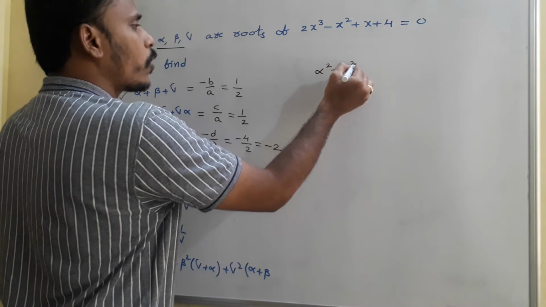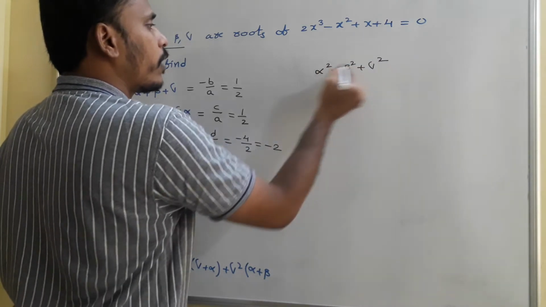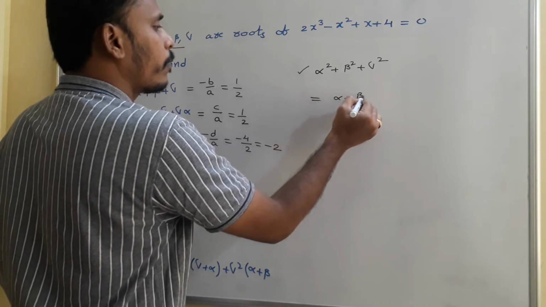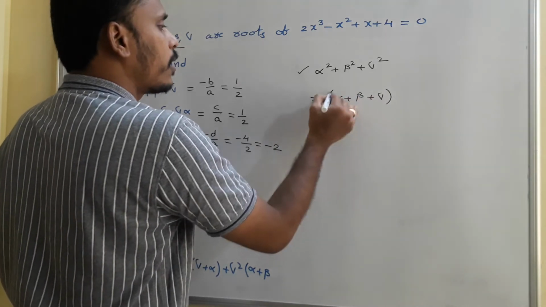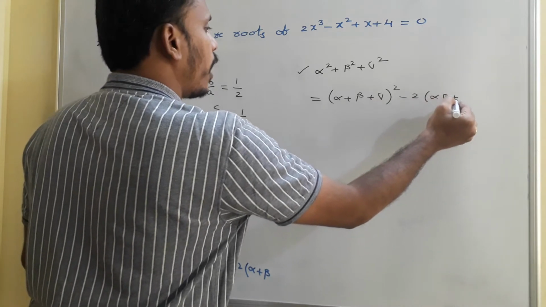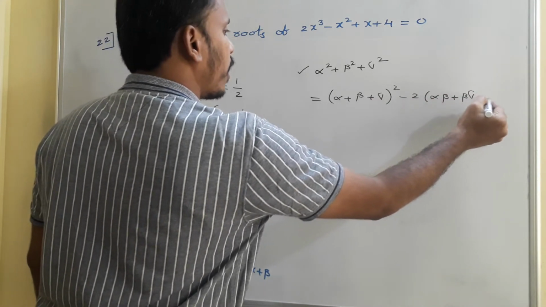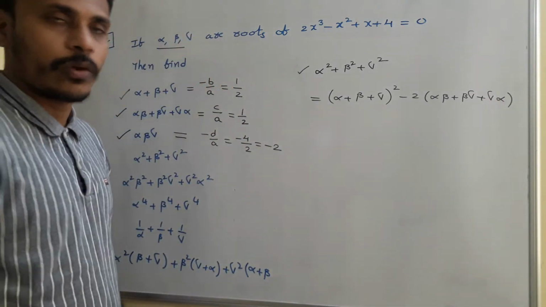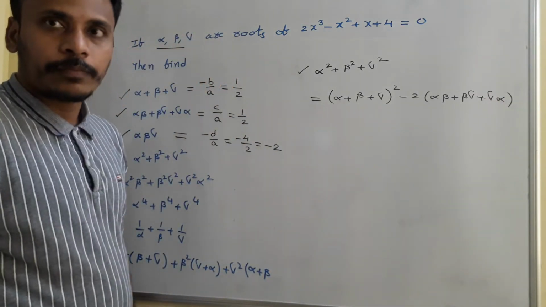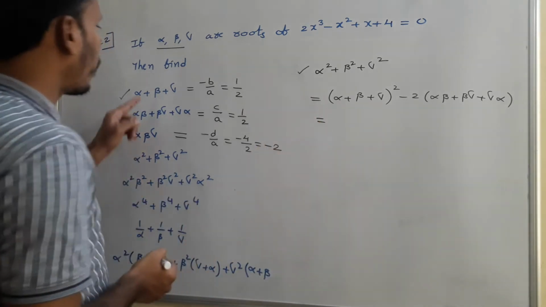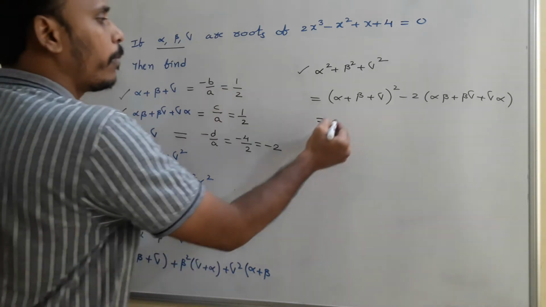You just need to utilize your algebraic skill. Alpha square plus beta square plus gamma square is simply alpha plus beta plus gamma whole square minus 2 times alpha beta plus beta gamma plus gamma alpha, just by using the a plus b plus c whole square formula. So from there, alpha plus beta plus gamma is 1 by 2.